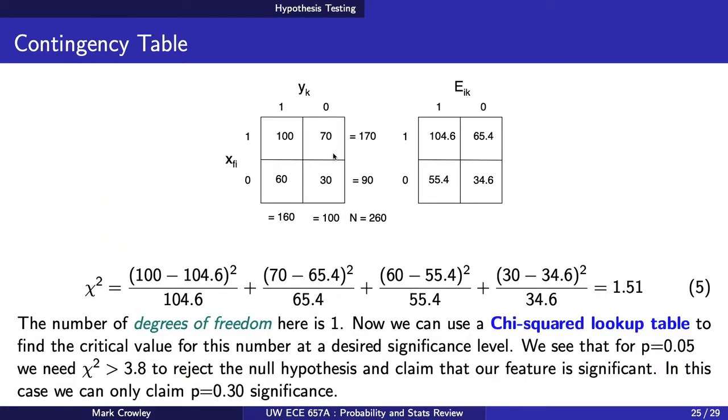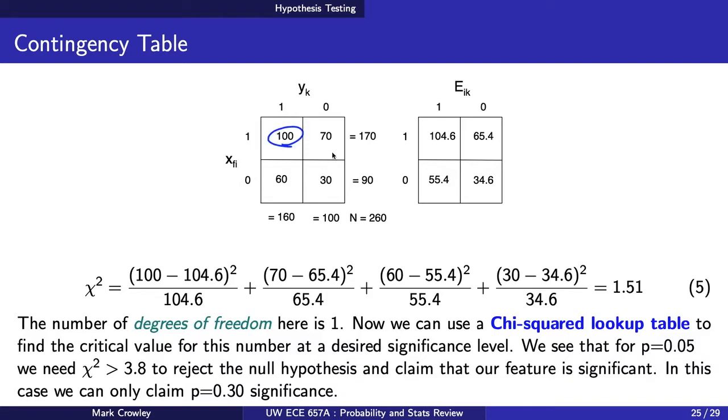So say these are our observations that we got from our 4 classes for some particular feature, and we compute the O's and the E's, and so now we're taking the differences, right? So that original formula we had sums over every one of the features, right? So this table here, we're summing over every element of this table, right?